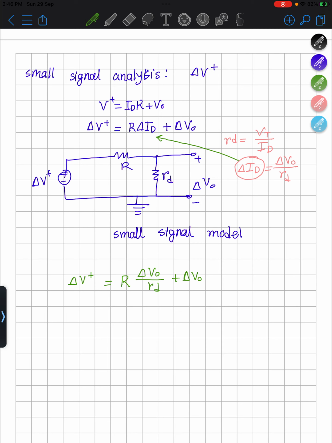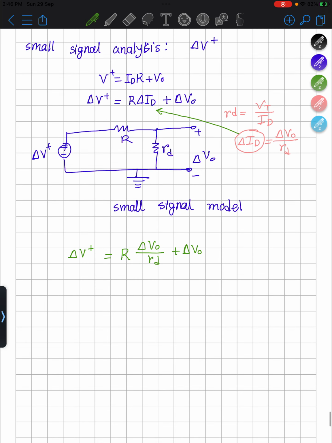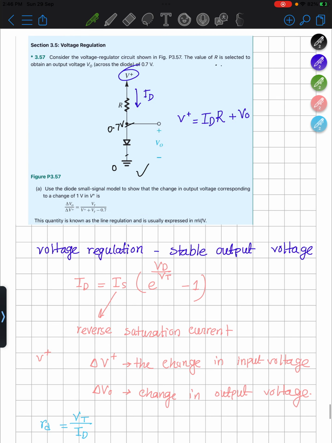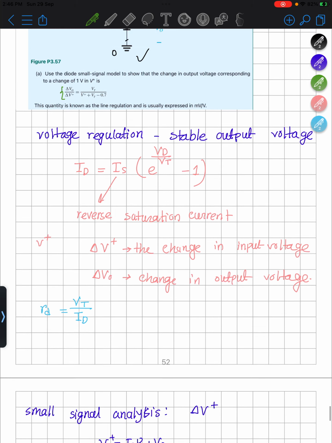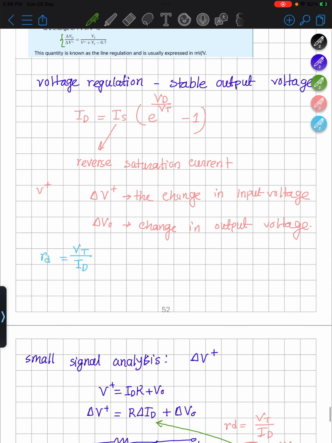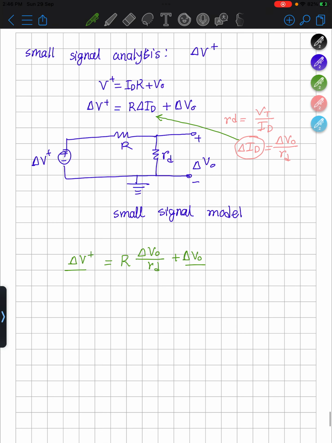Now we need to think about solving for del V naught and del V plus, because what we're trying to find is the ratio of the output voltage and the input voltage in terms of the input voltage, the thermal voltage and the diode voltage.